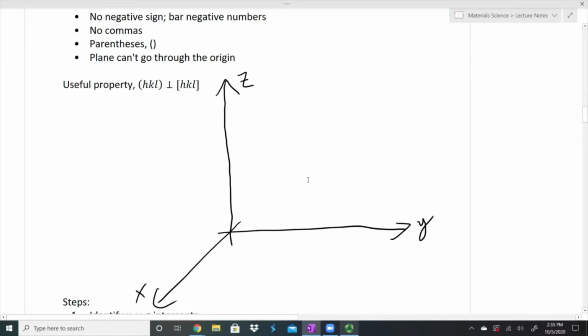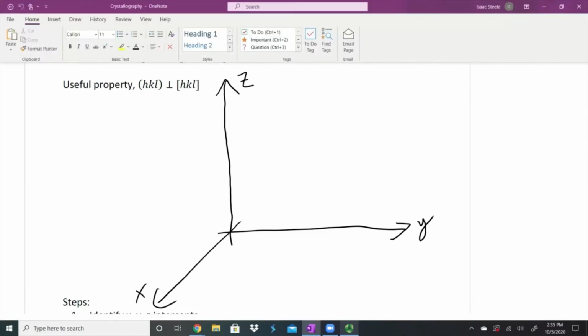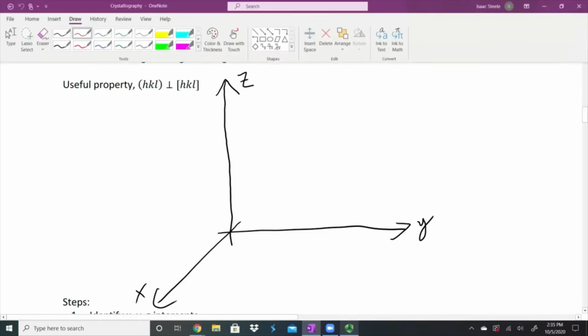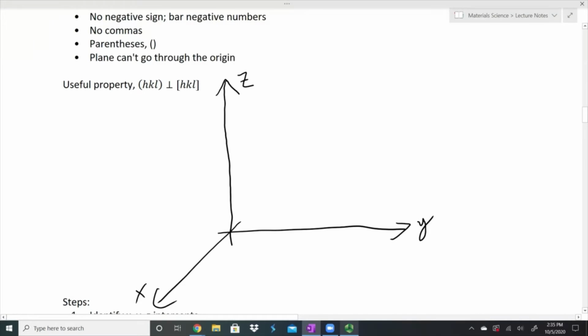So let's say that I have a plane, and first I'll draw in my unit cell. All right, so there's my unit cell on my axes, and I'm going to draw on a plane.